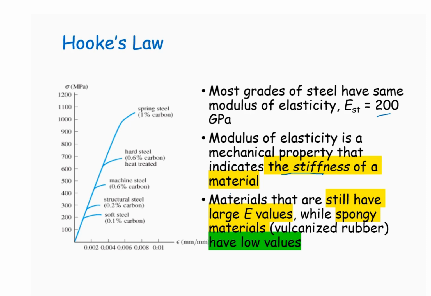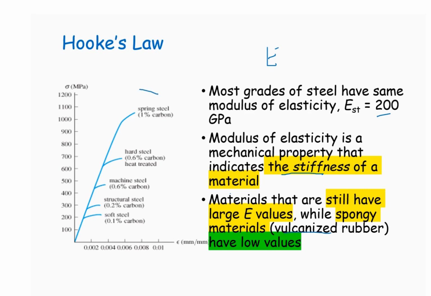The higher the value of a modulus, the more stiff the material is. If the value of E is larger, it has a greater resistance to deformation. As a comparison, steel has a high modulus value. On the other hand, materials such as vulcanized rubber have a low modulus value.